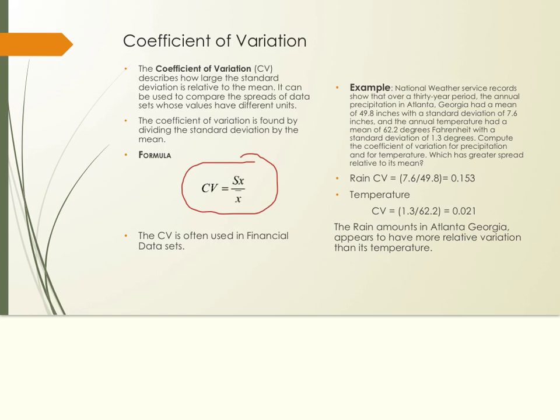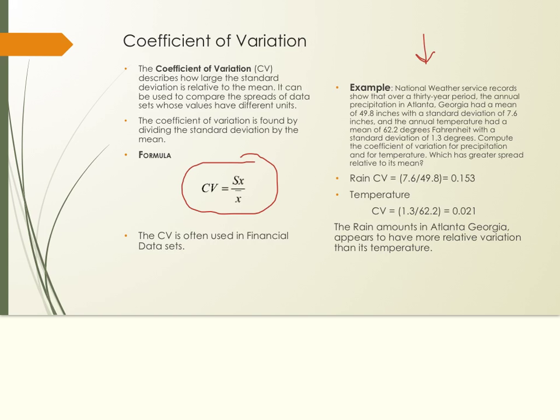But the example that we have here is the National Weather Service records show that over a 30-year period, the annual precipitation in Atlanta, Georgia, had a mean of 49.8 inches with a standard deviation of 7.6 inches. And the annual temperature had a mean of 62.2 degrees Fahrenheit with a standard deviation of 1.3 degrees.